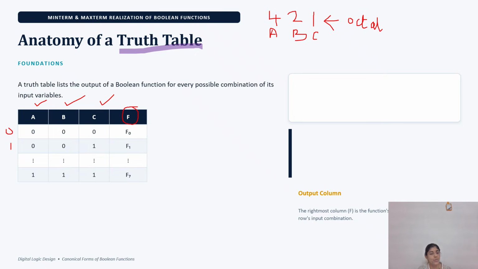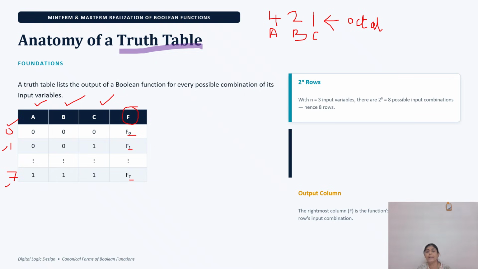It goes on until the last one, which is 7, 1, 1, 1. So how have I written the function F0, F1? What does this subscript 0 represent? It is the decimal representation. Subscript 1 represents decimal 1, and subscript 7 represents decimal 7. So the truth table lists the output of Boolean function for every possible combination of its input variables.